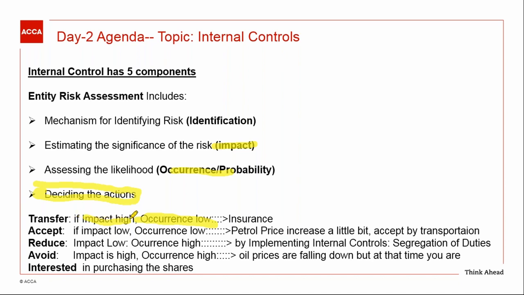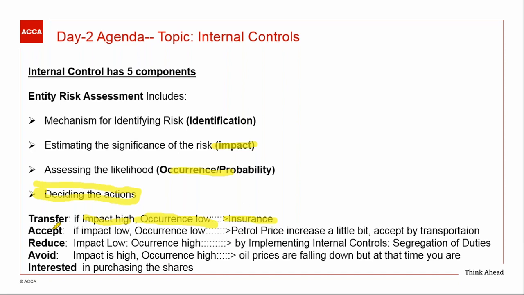So to transfer that risk, what we do, we make the insurance of that building. So that's the strategy where the event has a high impact, but the occurrence is very low. So we transfer the risk to another company, like the example of the insurance company.